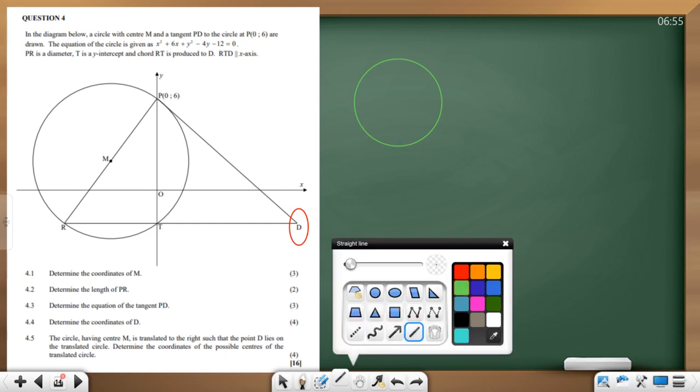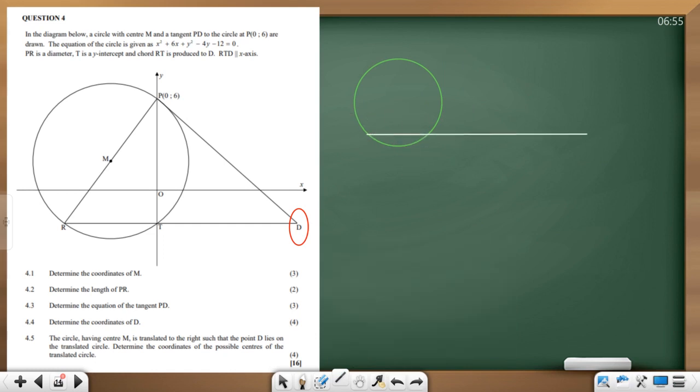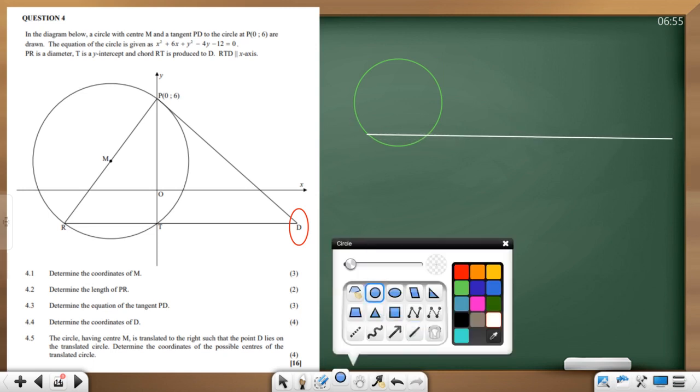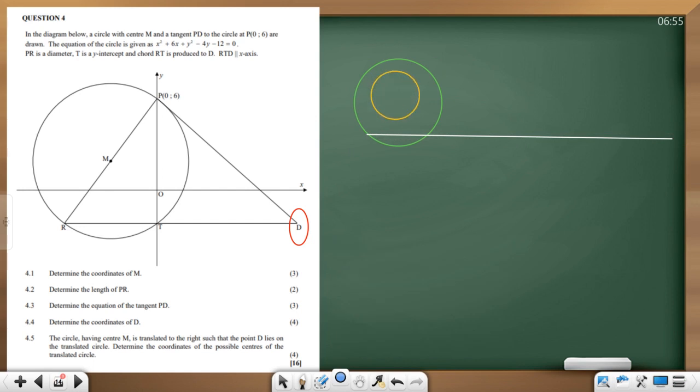Let me use white to represent my horizontal line. Lovely. So our first circle, I want to get the exact circle. Now remember, this is R, this is T, and we have point D here.